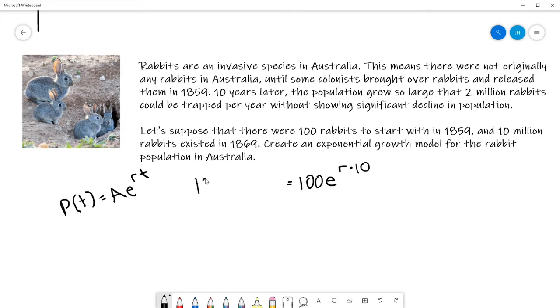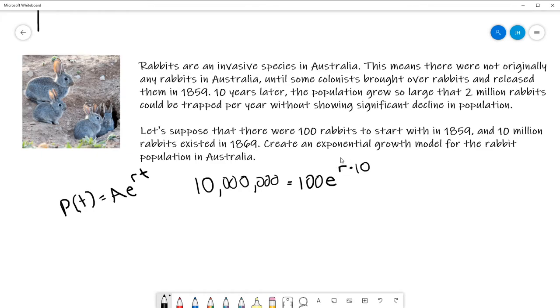So let's write that down. 10 million would equal 100 e to the r times 10, right? So what we've done here, y'all, is we've plugged in the data we were given. And now we can calculate r using what we learned about solving equations with logarithms.